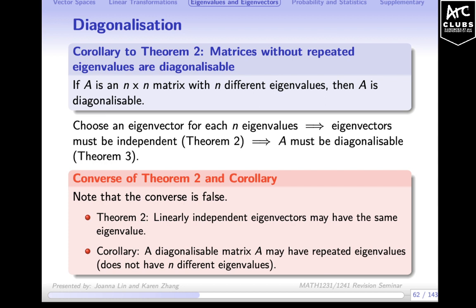So this theorem works one way, but the converse isn't true. Just be careful in the exam if you're told to use a theorem. Don't get confused with your logic, right? Independent eigenvectors can have the same eigenvalue. And of course the corollary follows on from that as well. So a diagonalizable matrix A can have repeated eigenvalues.